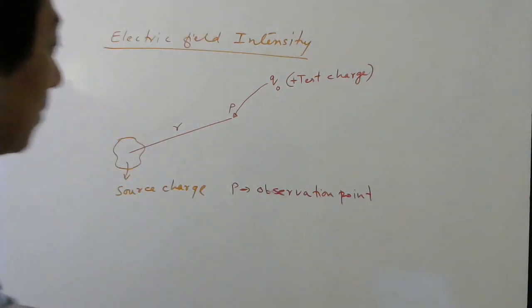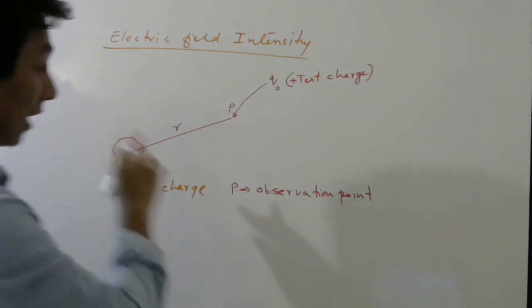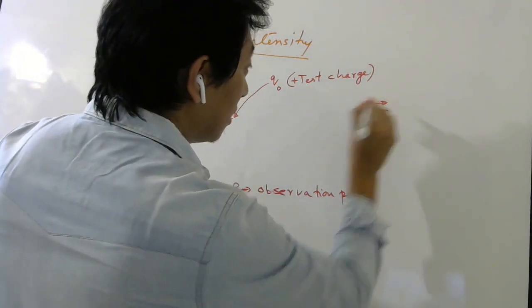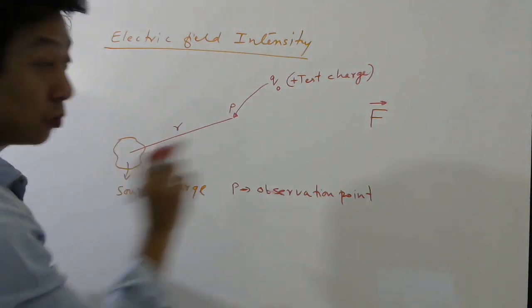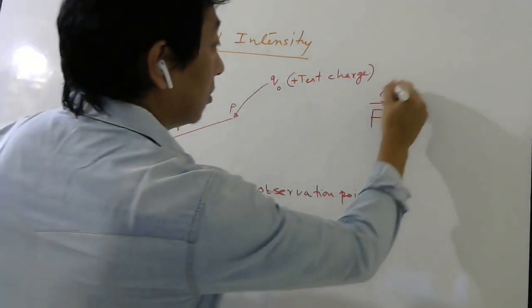So what you do is put a test charge Q naught here and find the force which this test charge will feel because of this source charge. So what is this force?